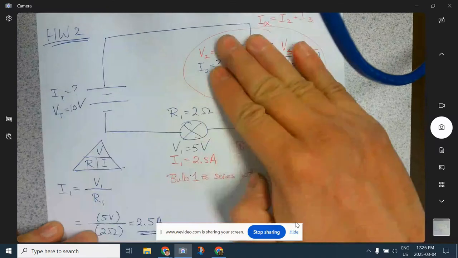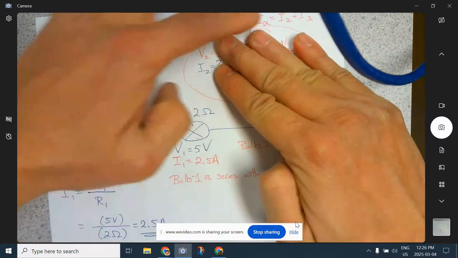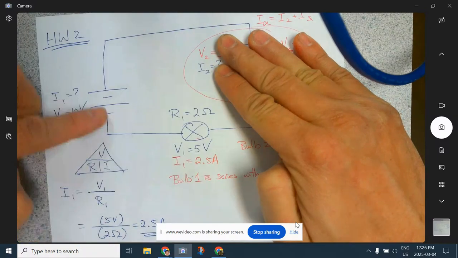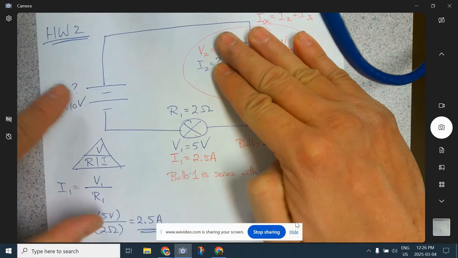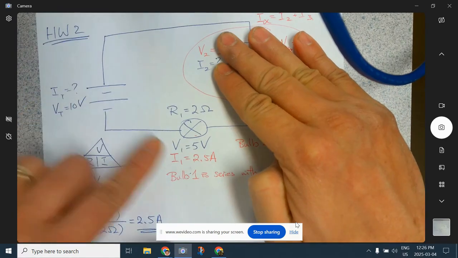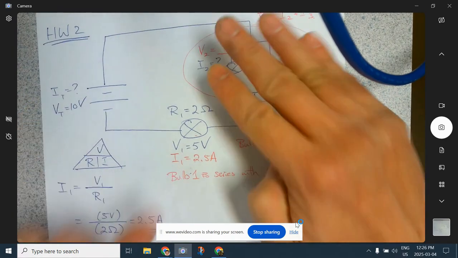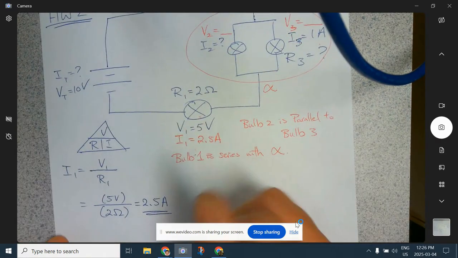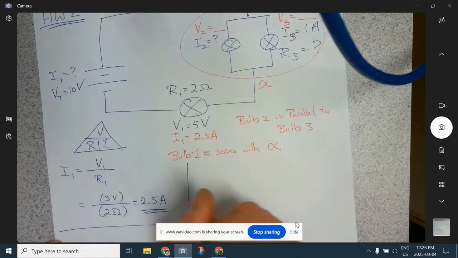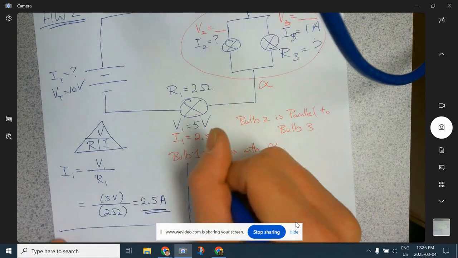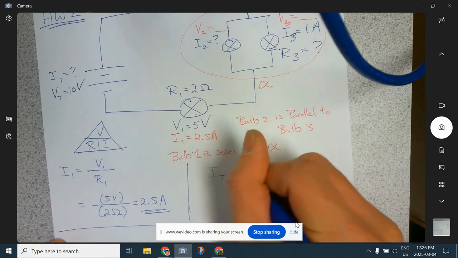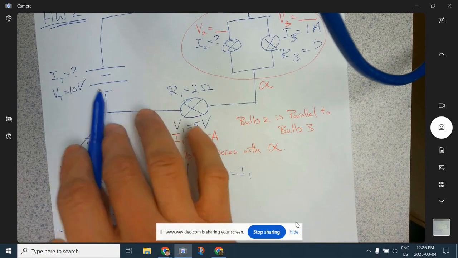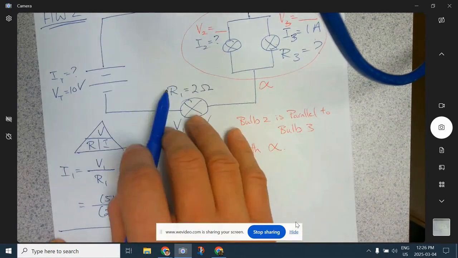So in this series circuit, I total is the same thing as I1, simply because light bulb 1 is in the same one loop as the battery.